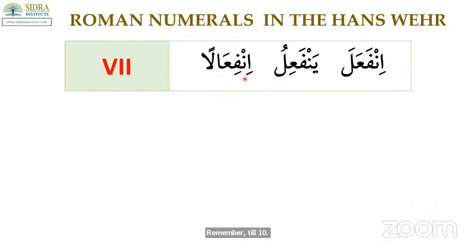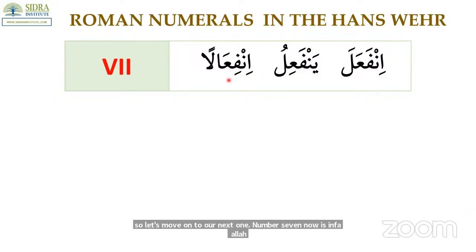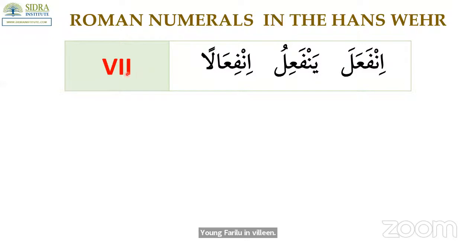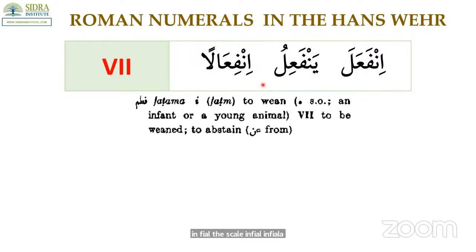Number 7 now is infa'ala yanfa'ilu infi'alan. So number 7 in Hanswe signifies the verb pattern bab infi'al, the scale infi'al. So here we have fatama, which means to wean someone, an infant, meaning from milk to solids, etc. Okay, so that's the normal meaning of the thulathi mujarrad.